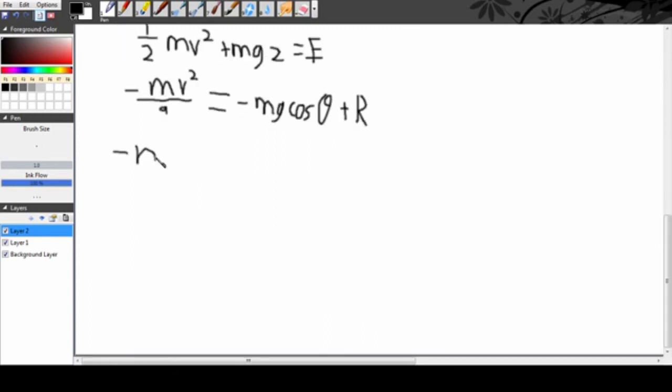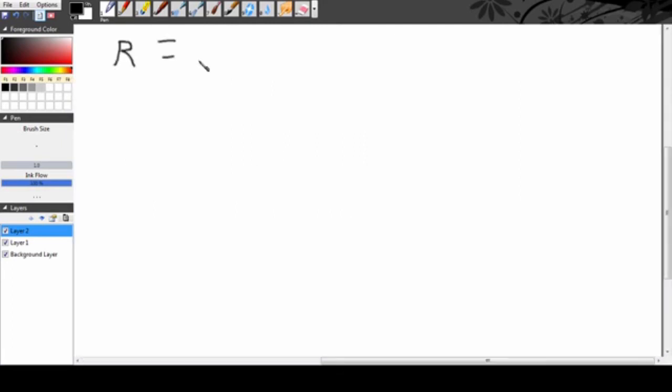And from that we can say that negative mv squared over a is equal to negative mg times z over a plus r. That's because cosine theta in this problem is equal to z over a.